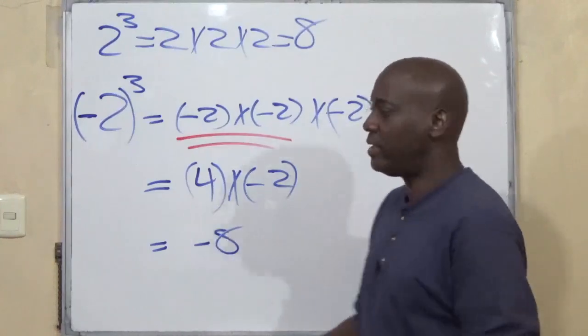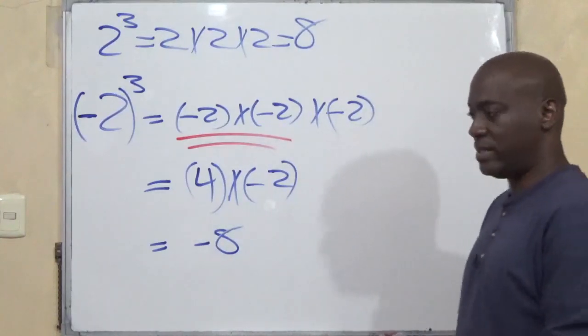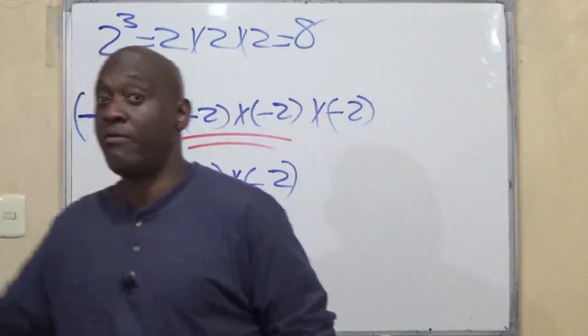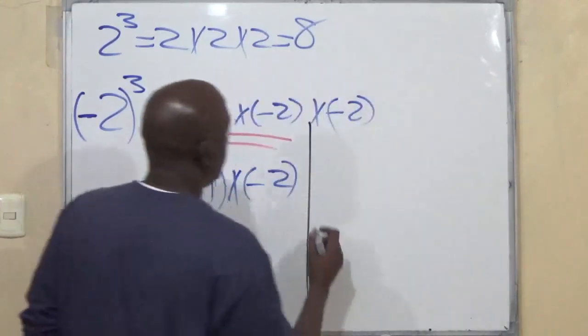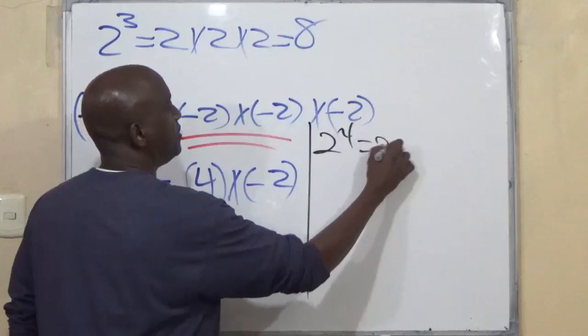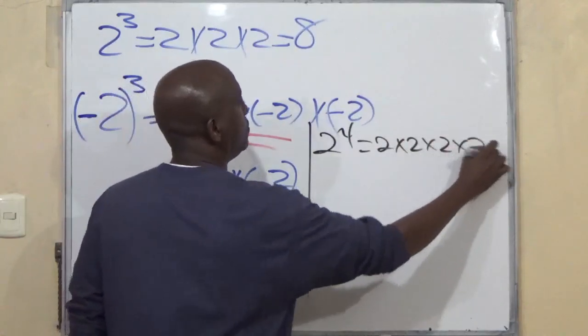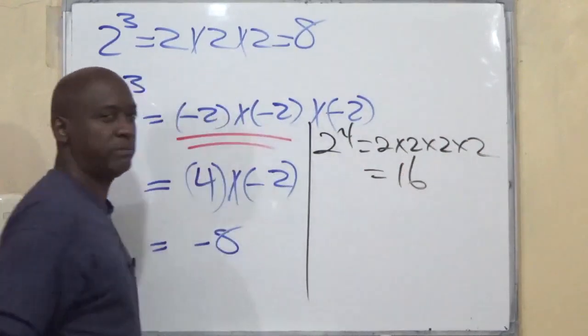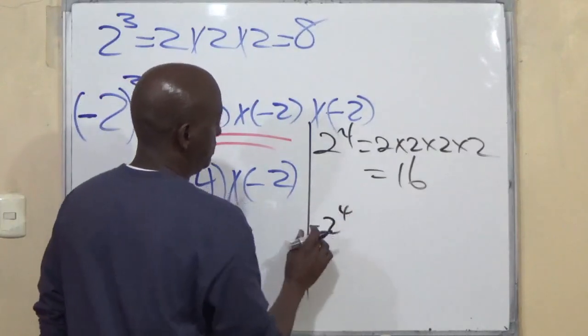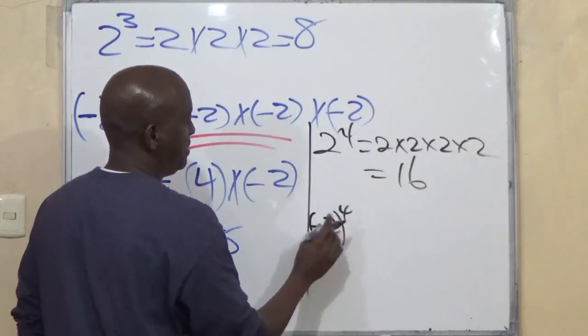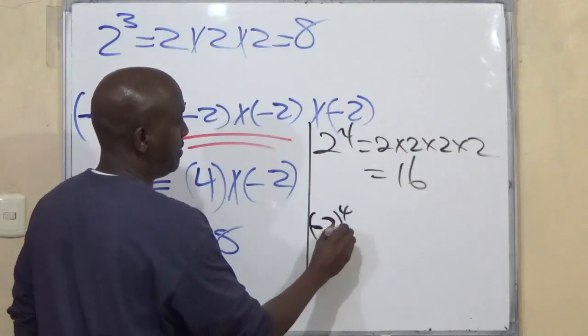And let me go even further now. If we want to discuss minus 2 to the power of 4, watch it now. In the same way that we know that 2 to the power of 4 is 2 by 2 by 2 by 2, which is equal to 16. Minus 2 to the power of 4, you see? I say the wrong thing and I write the correct thing.